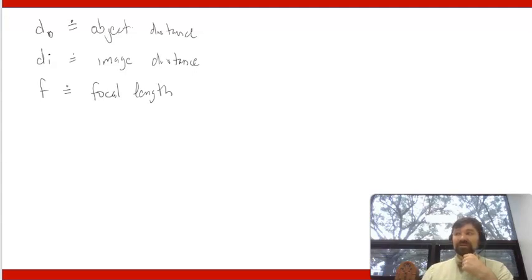So how far is it from where the lens is to where you have to hold your leaf or your paper or whatever to get the most concentrated sunlight? That distance is your focal length. And actually, for all these distances, distance is loosely taken from the center of the lens.